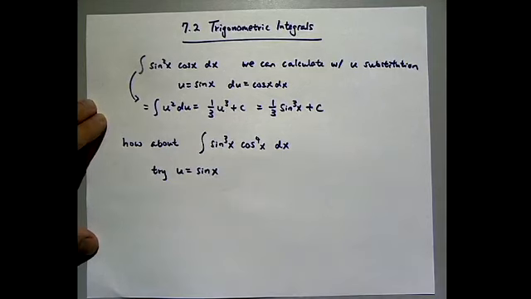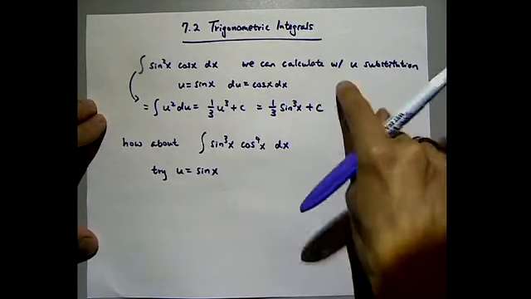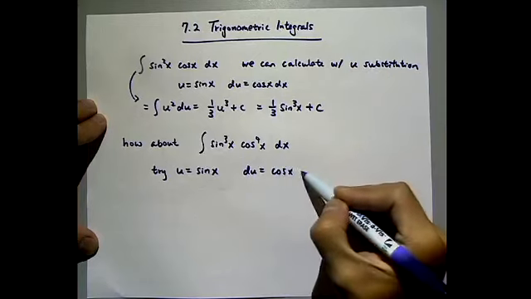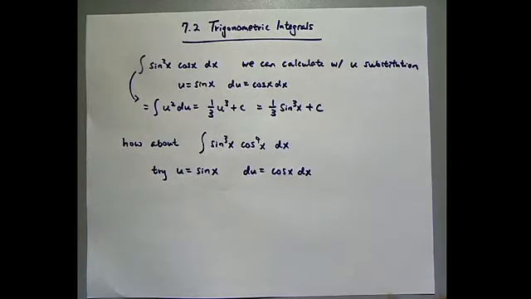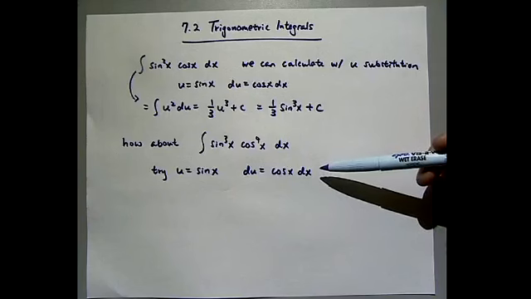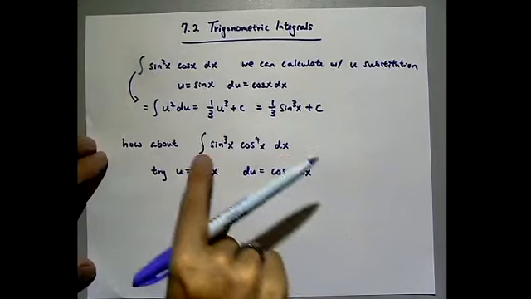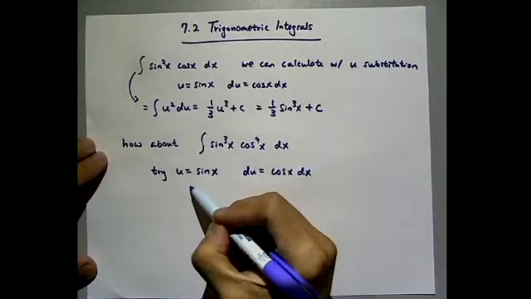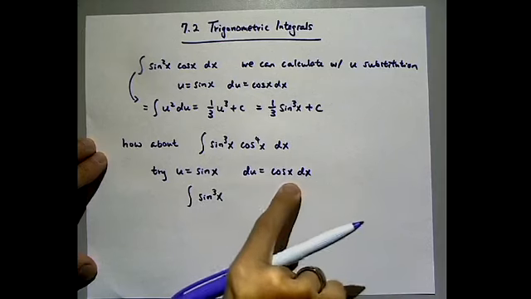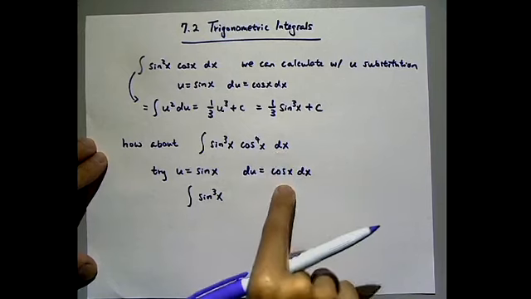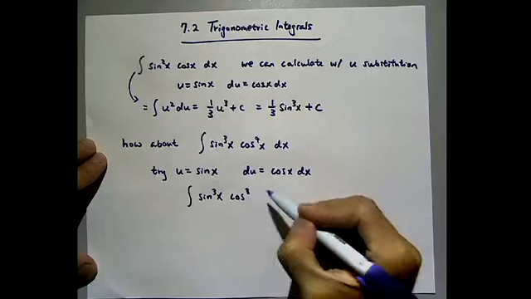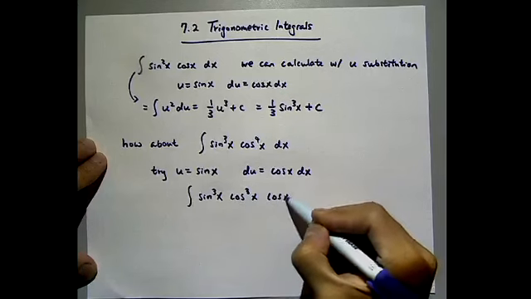Let's start with that, trying letting u be sine of x, like we did before. Then I have du equal to cosine of x dx. And then this integral here, let's try to make things fit. I need a power of cosine with a dx to form du. I have 4 of those. So let me break it into cosine cubed times cosine x dx.